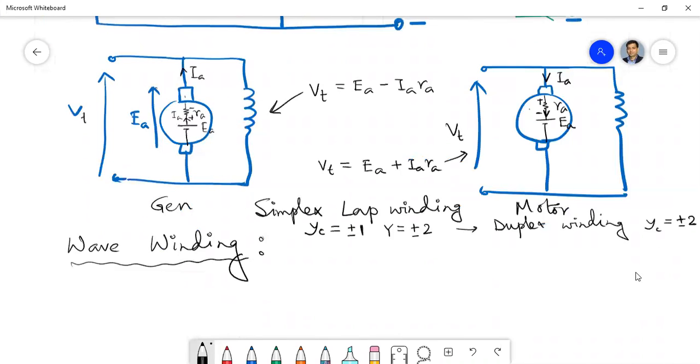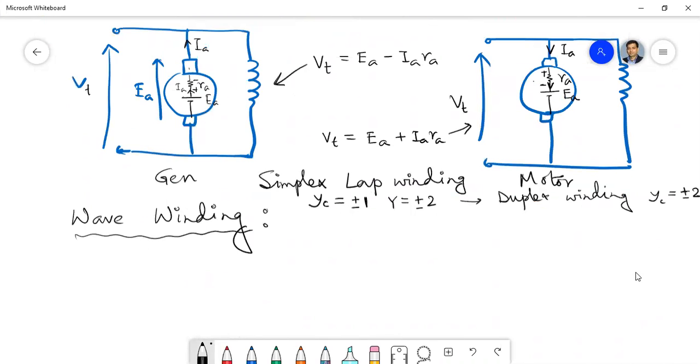Now we'll start the wave winding. For wave winding, the relations are a little different, and the parallel paths will be distributed under all the pole faces.